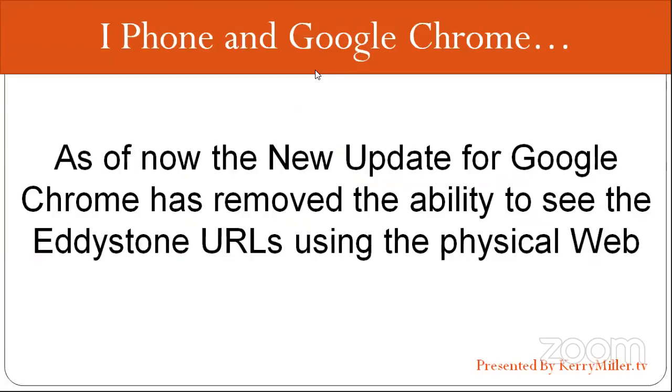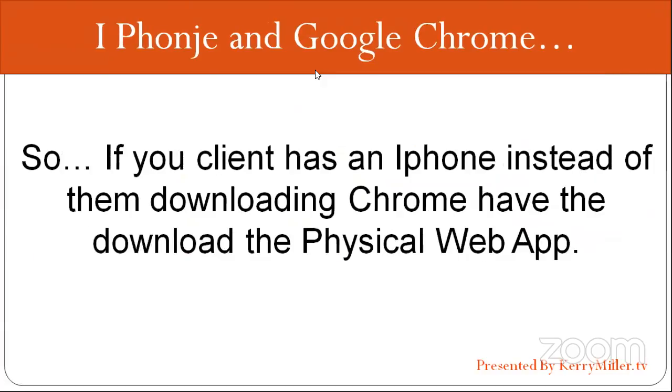So if you download the new Google Chrome and you don't see the URLs through the widget, that's because it's the new Chrome. You simply need to download the physical web app.